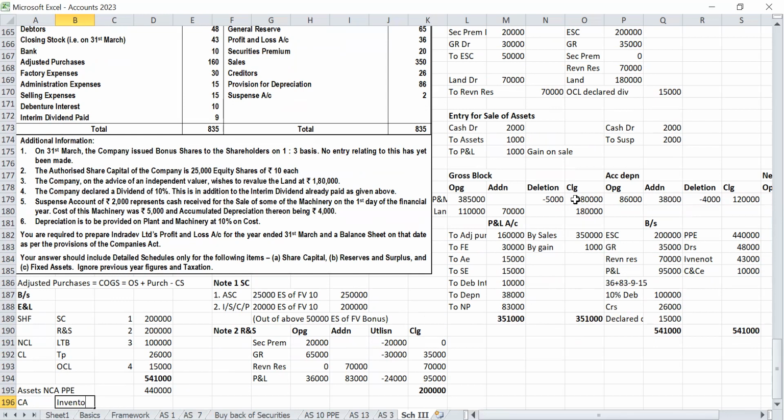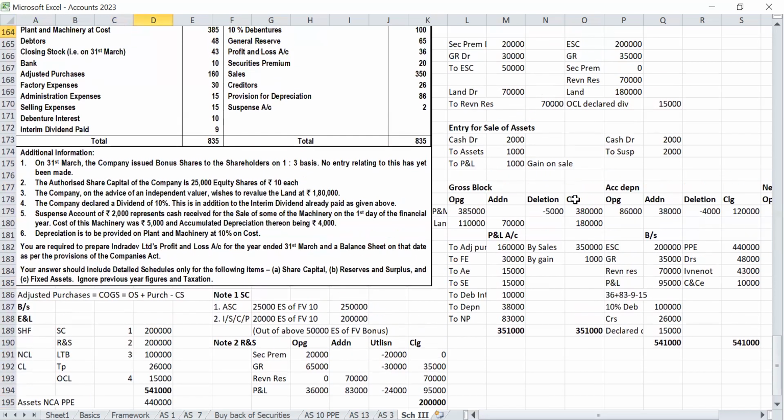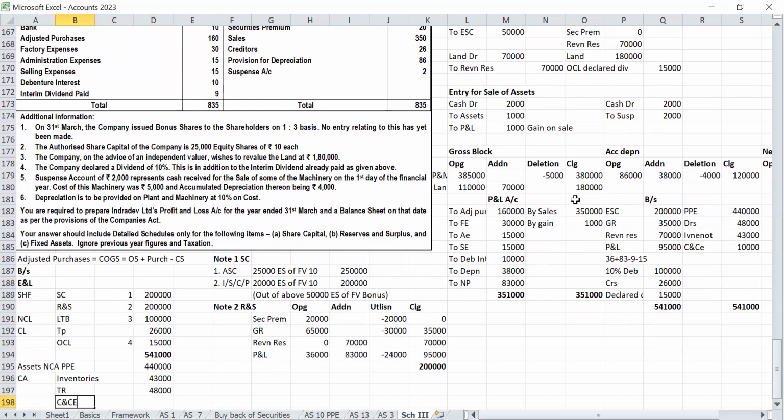Inventory. Inventories closing stock 43,000. Trade receivable, debtors 48,000 debtors. Cash and cash equivalent. Bank is 10.